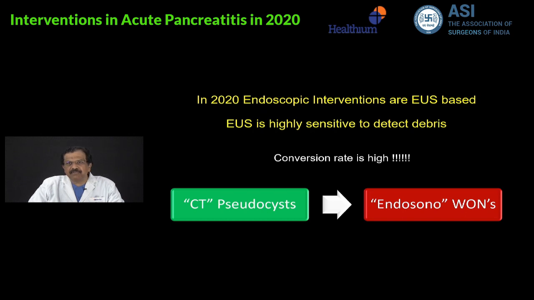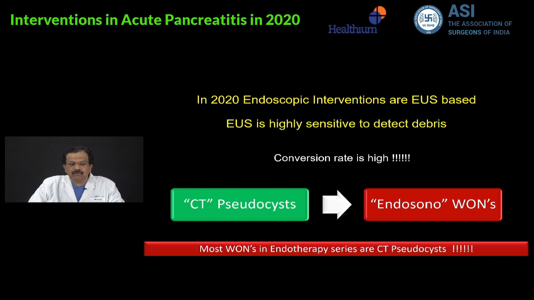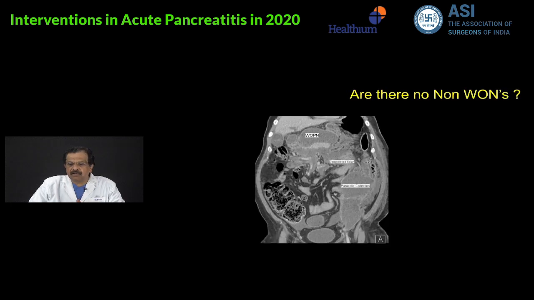So what I mean to say is some of the pseudocysts that we see on CT scan could be walled-off necrosis on endoscopic ultrasound. So most of the WONs in endotherapy series are CT pseudocysts, because current endoscopic practice is purely based on endoscopic ultrasound. So it is likely that some of the CT pseudocysts are treated as endoscopic ultrasound walled-off necrosis.